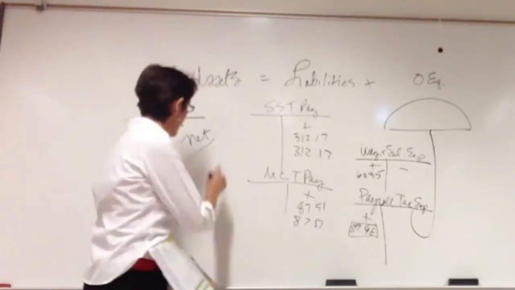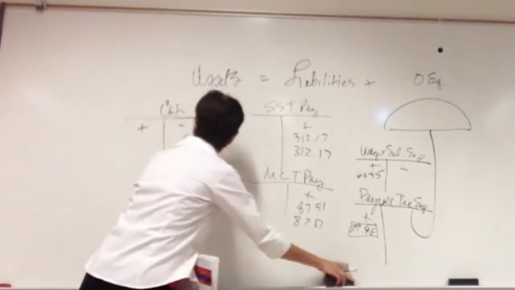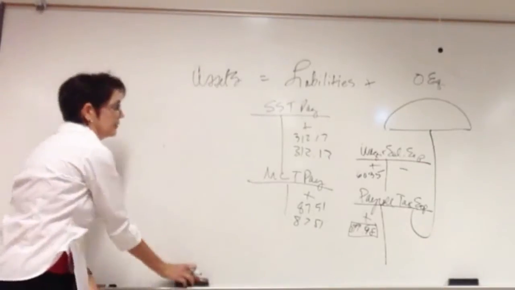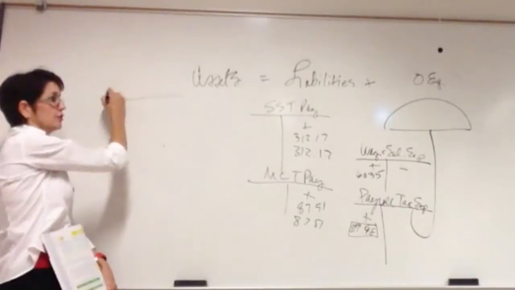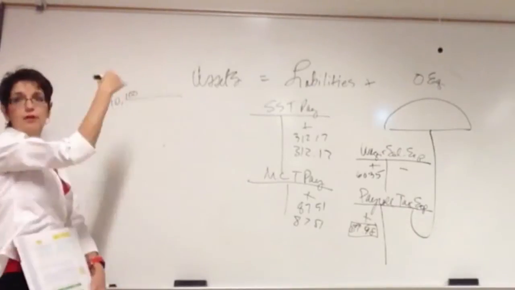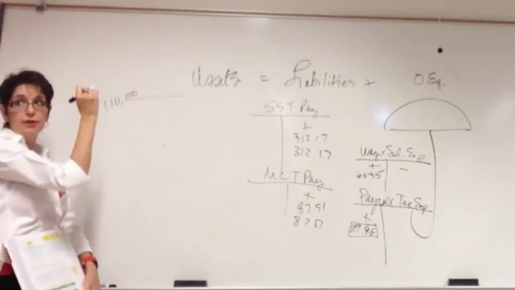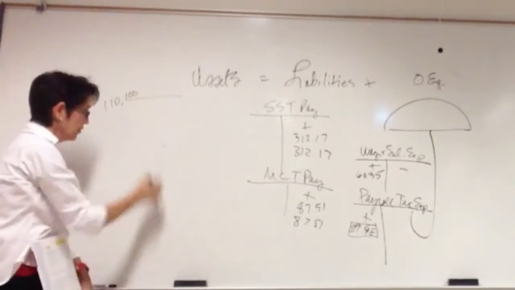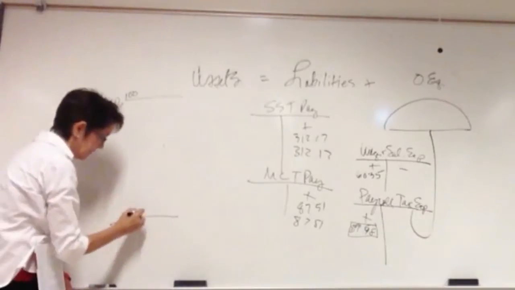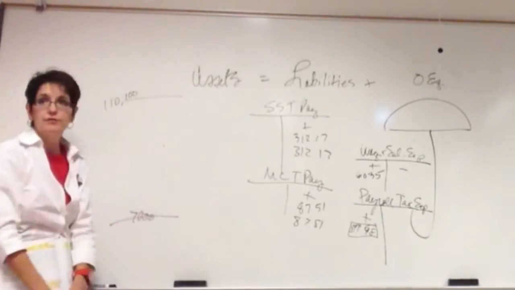So do you remember how we had the ceiling? Remember how we had the ceiling on Social Security, the maximum earnings, and we paid 6.2% till we got to that point, right? Well, on unemployment, it's way down here at $7,000.